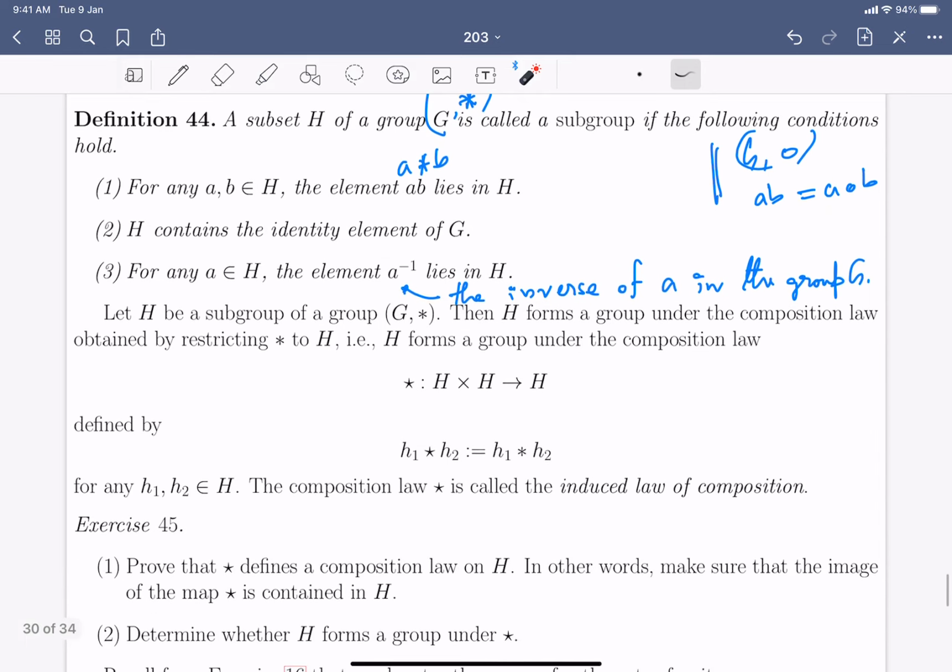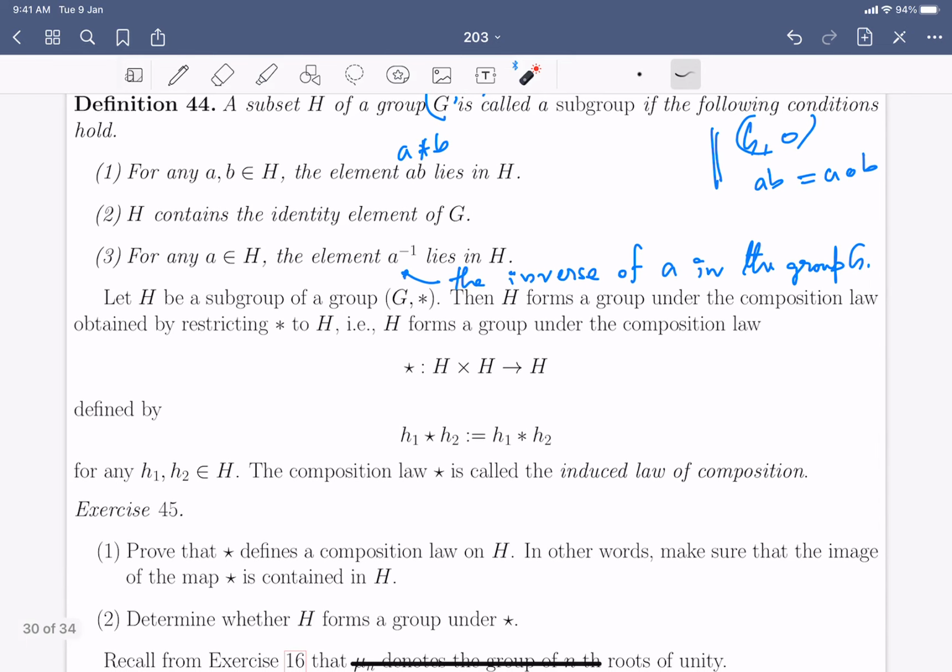So if you start with a group G, star, and use the composition law of the group G to define a composition law on a subgroup H, note that this is a subgroup by hypothesis.